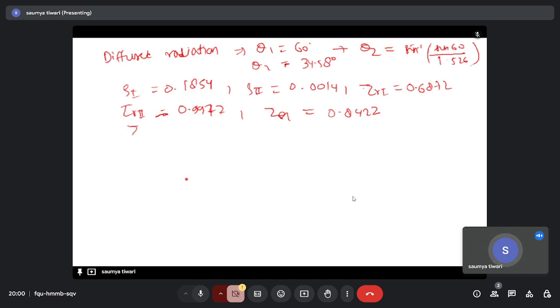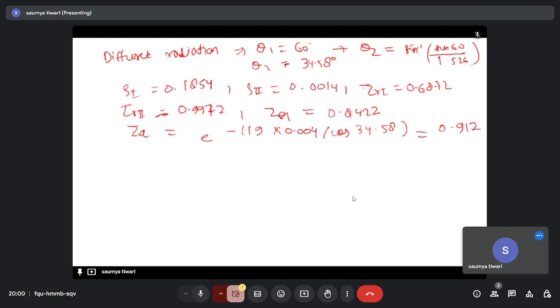Then we'll calculate the tau a value, which is due to absorptivity, e to the power minus K into 0.004, the thickness of the glass, and extinction coefficient, and cos theta 2, where theta 2 is 34.58, so this value comes to be 0.912.